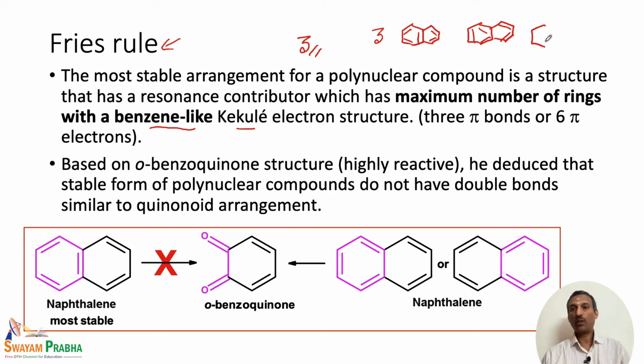We can also draw the next resonance structure, with the right-hand ring having the 3 pi bonds. So these are all the 3 structures, and this is the most symmetrical one. When we oxidize naphthalene, if it has a most stable structure, then it will not undergo oxidation very readily. This is the most important thing to remember.